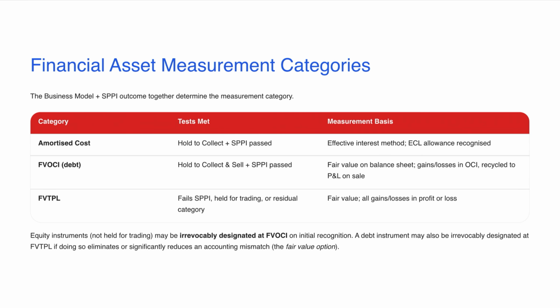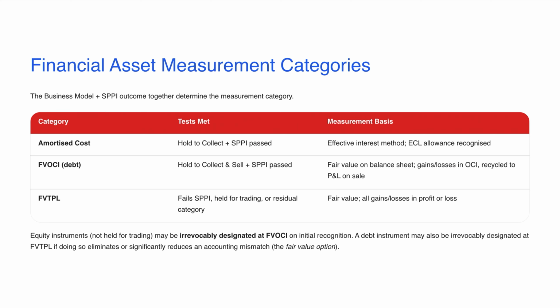Once you have considered the business model and SPPI requirements, we can determine the measurement category. For debt instruments, there are three main outcomes. First, amortized cost. This applies where the business model is hold to collect and the SPPI test is passed. The instrument is subsequently measured using the effective interest method, with the expected credit loss allowance recognized where applicable.